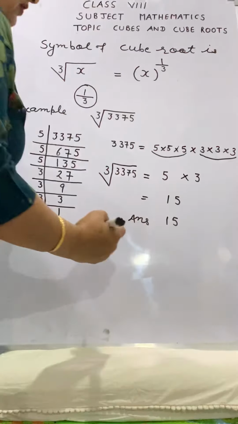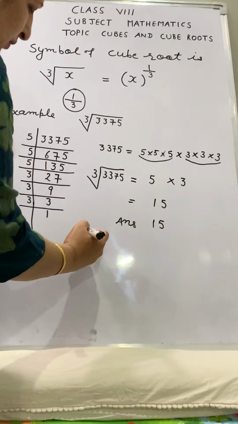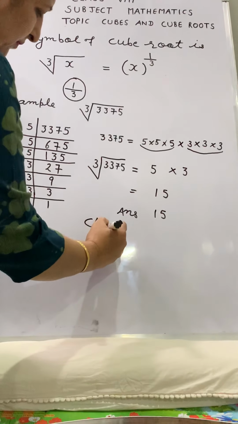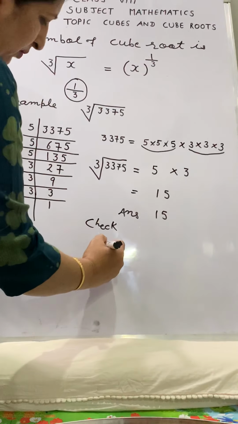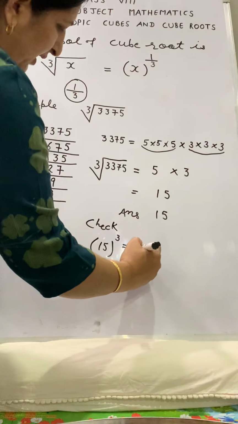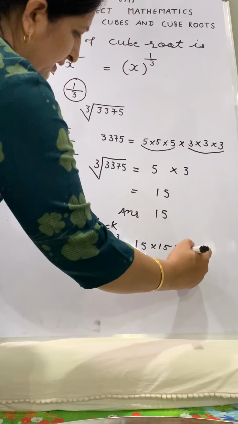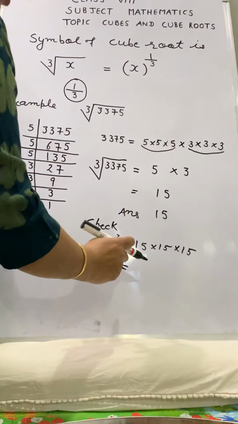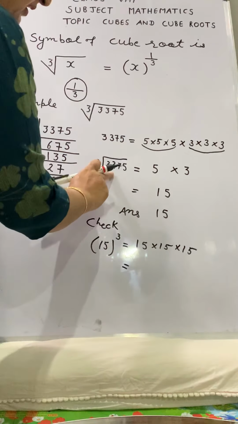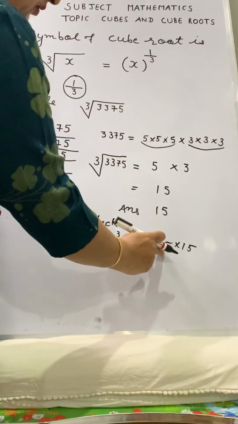You can check whether your answer is correct or incorrect. You can find the cube of 15: 15 multiplied by 15 multiplied by 15. The product of 15 three times will be 3375. 15 15s are 225.